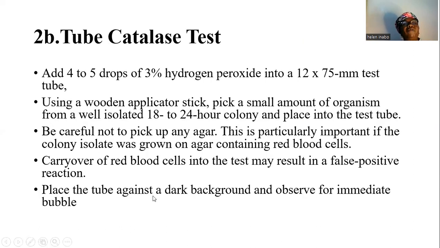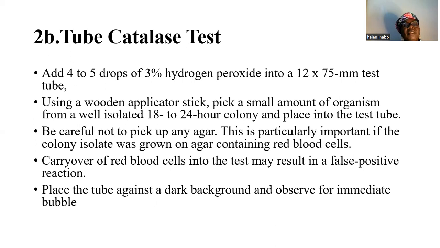The second type of the catalase test is the tube catalase test. Here, 4 to 5 drops of 3% hydrogen peroxide is placed in a test tube, and using a wooden applicator stick, a small amount of the organism from a well-isolated 18 to 24-hour colony is picked and placed in the test tube.